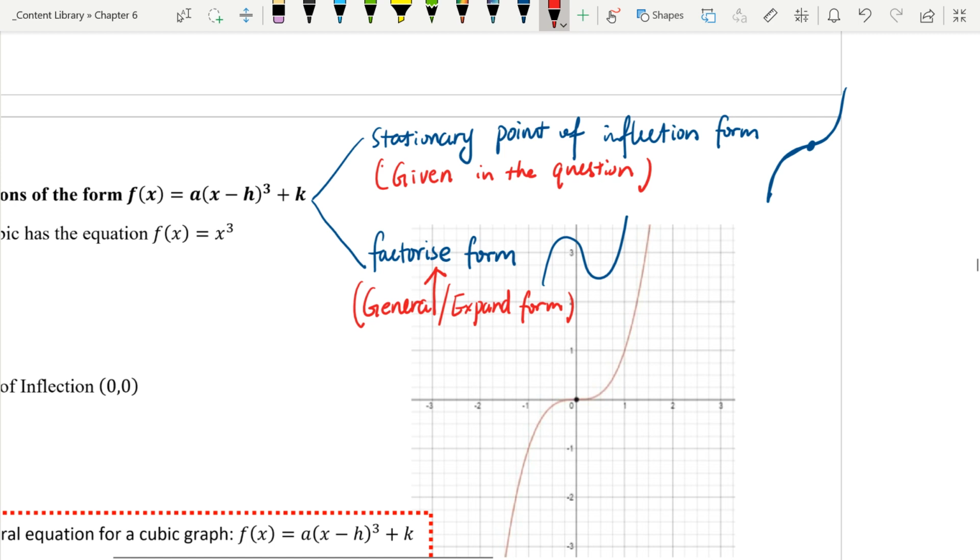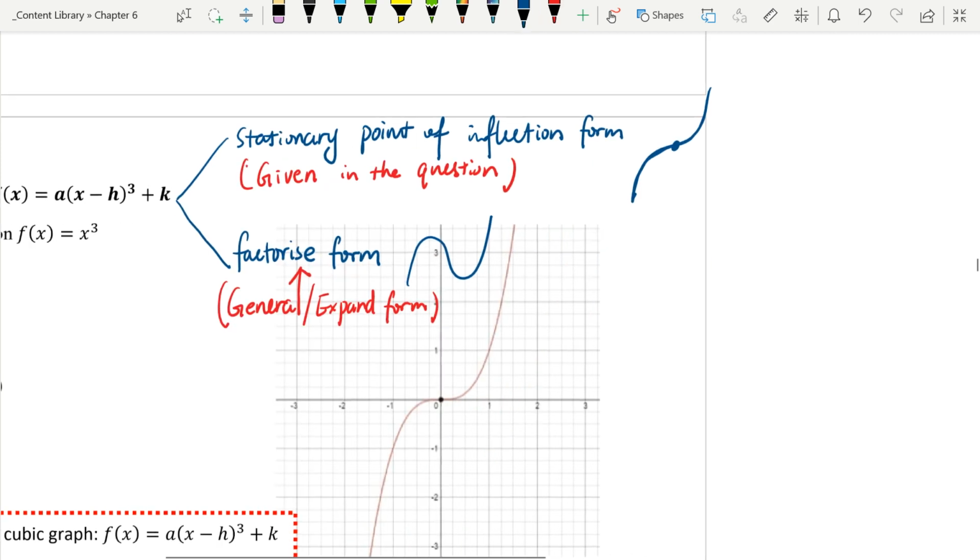Today we're going to talk about what a stationary point of inflection form is. Do you remember what the turning point form is for quadratics? Yep, that's the turning point form.